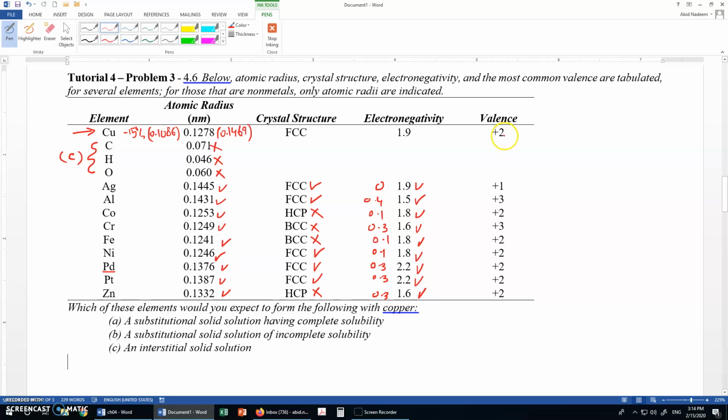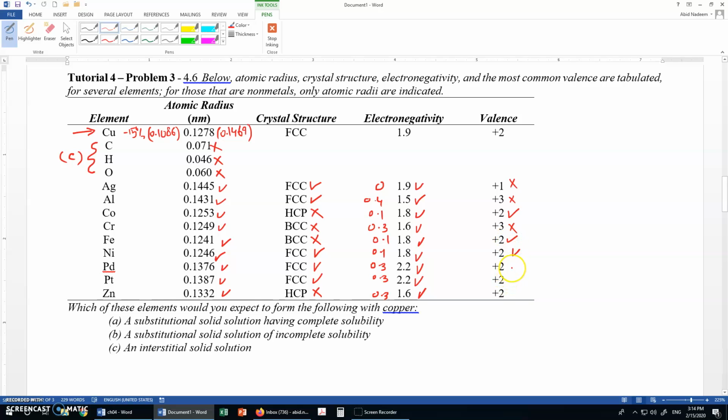For the valence, the condition is also that the valency must not differ too much. Its valency is 2, its valency is 1. So let's see exactly which condition is satisfied over here. This condition is not satisfied here, this also no, this is yes, this is no, this is yes.